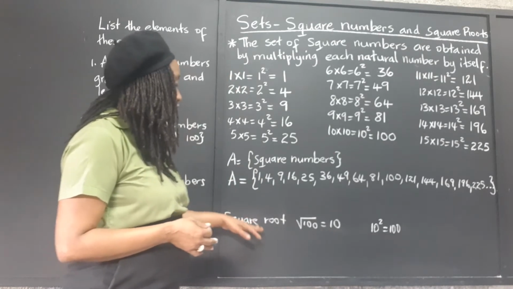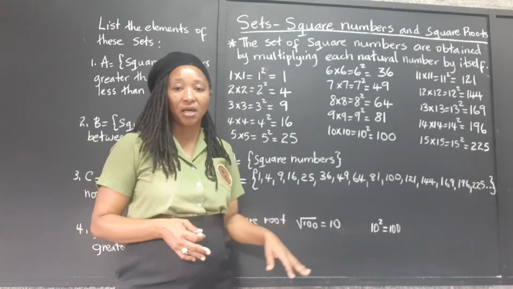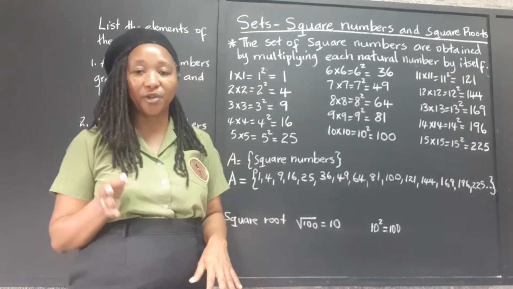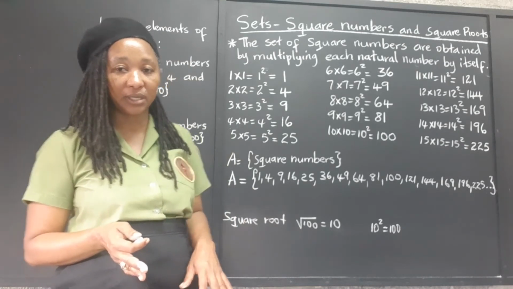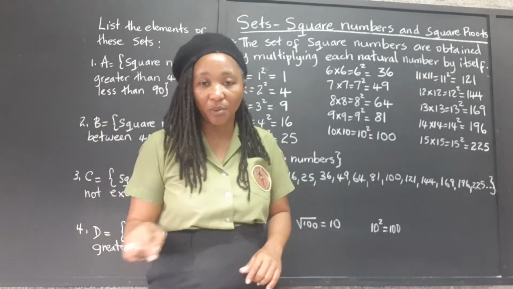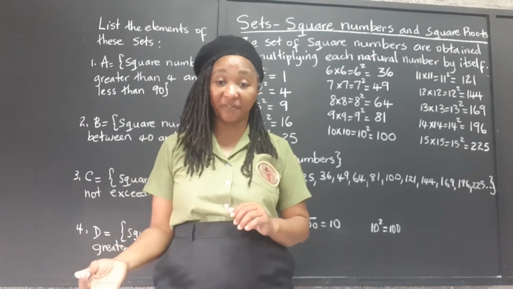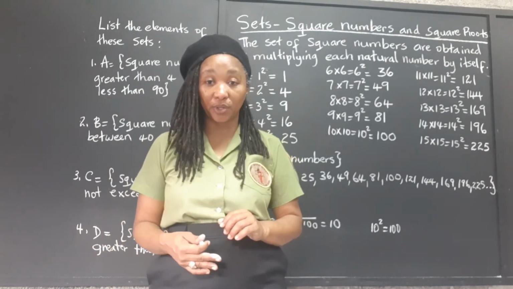Now, a square root, the square root of a square number, is that original number that you multiplied by itself to get the square number.